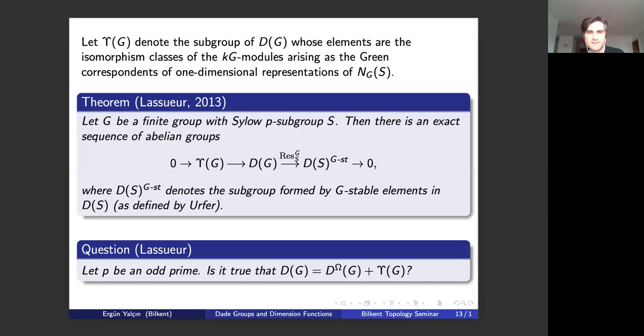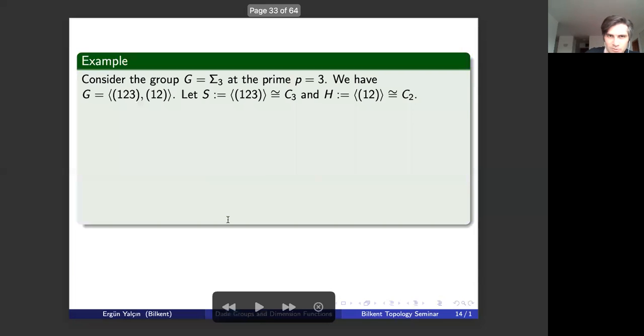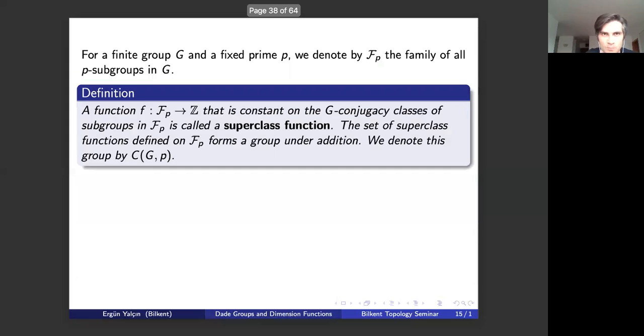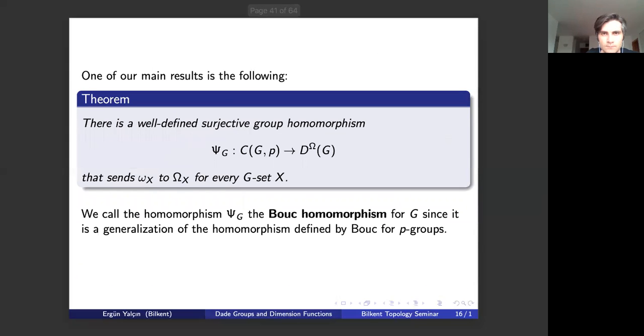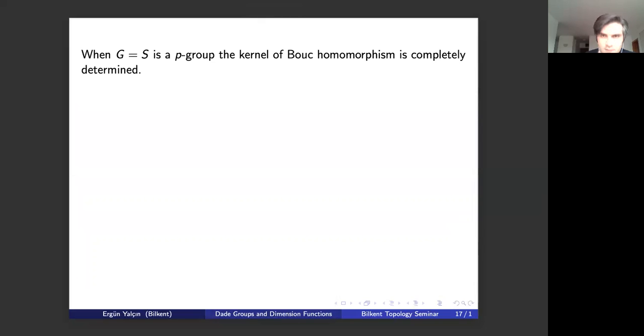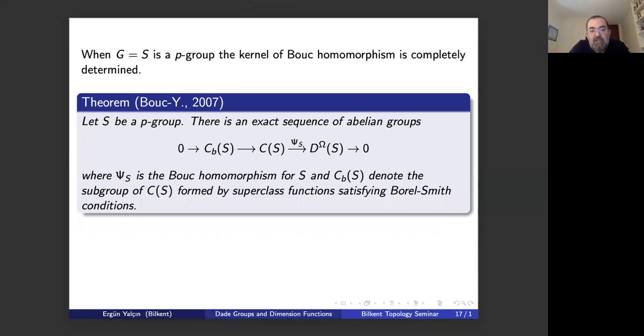Okay, any other questions? Could you go back to the other question, the Bouc homomorphism that was open? So the Bouc homomorphism is this, mapping to D. In the P-group case, the kernel of the Bouc homomorphism, which is described in the short exact sequence, is exactly the image of dimension functions coming from real representations.